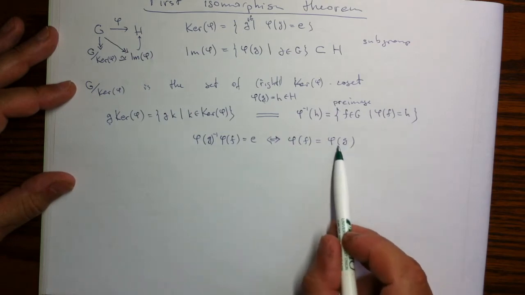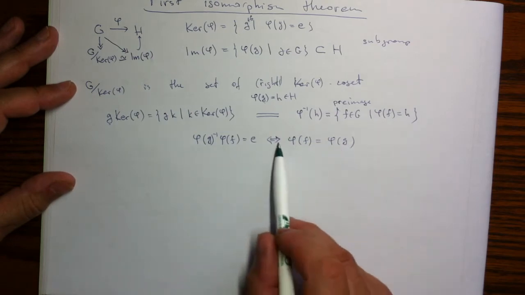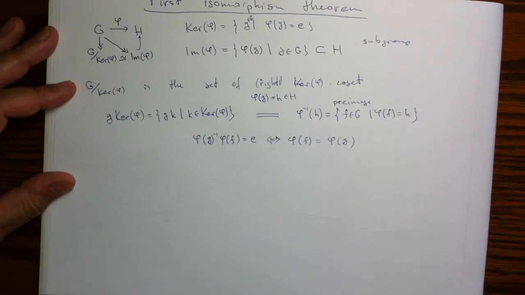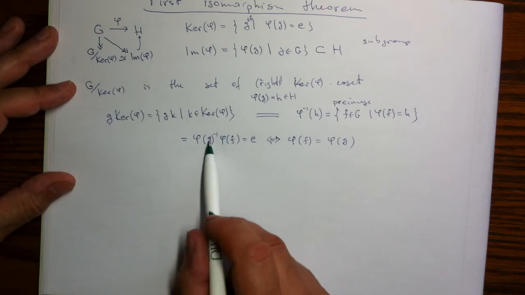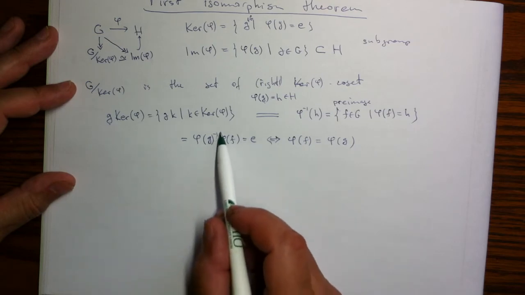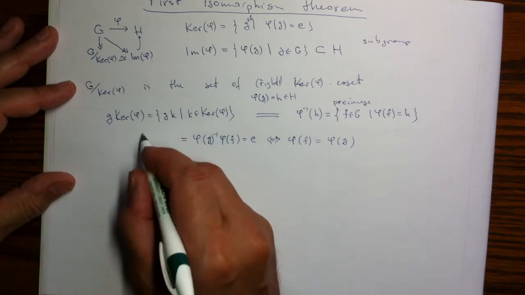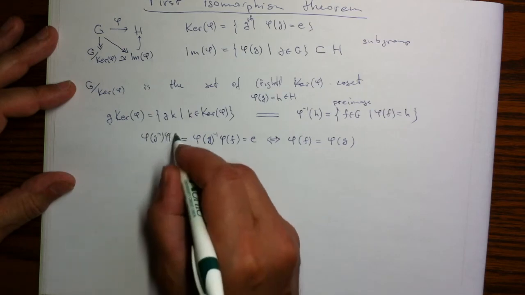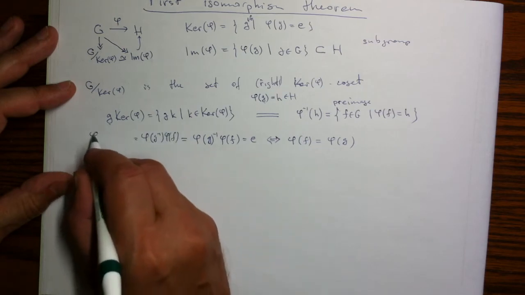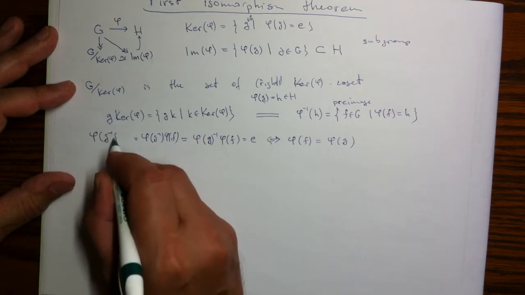So basically take this and multiply with its inverse both sides of the equation. But phi being a homomorphism allows us to rewrite this a little bit further. First, the inverse can be put inside, but then just the homomorphism property allows us to write it like that.